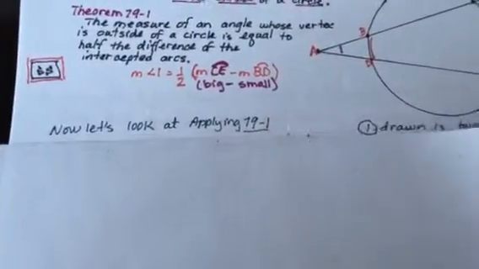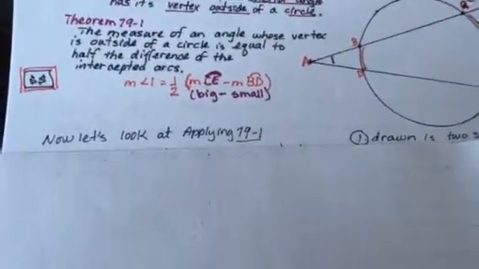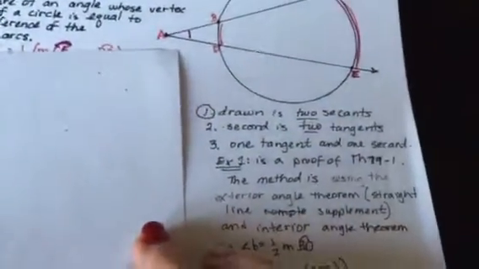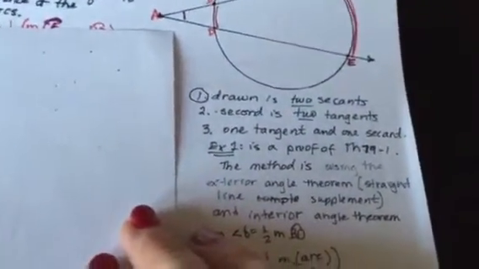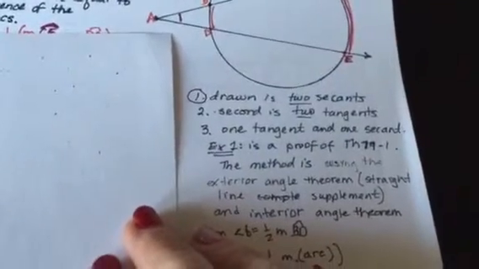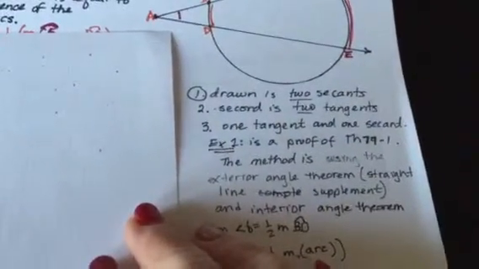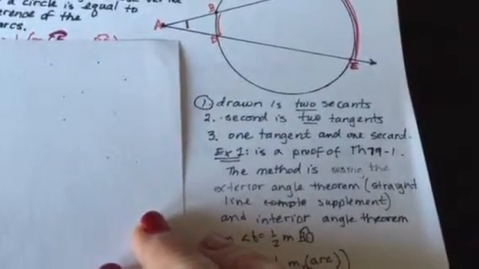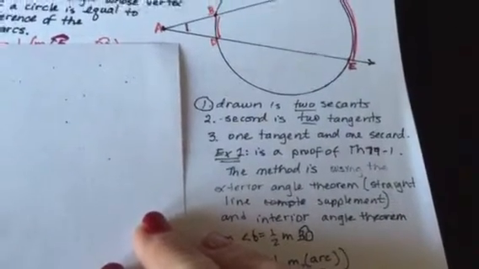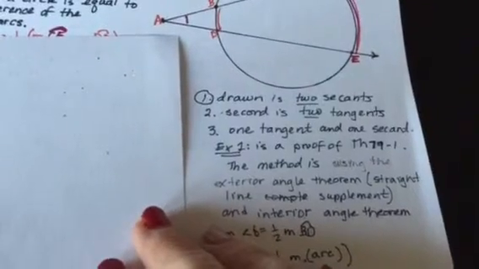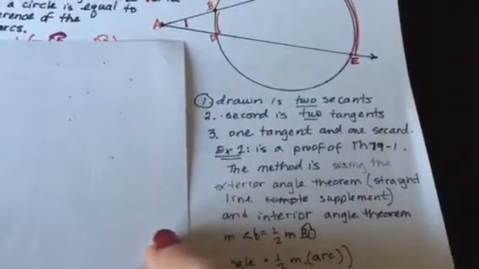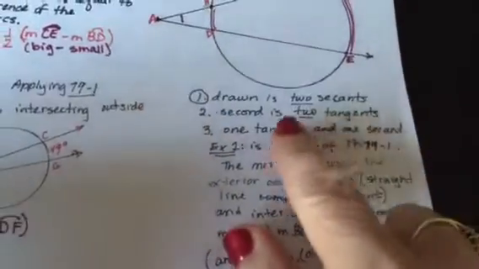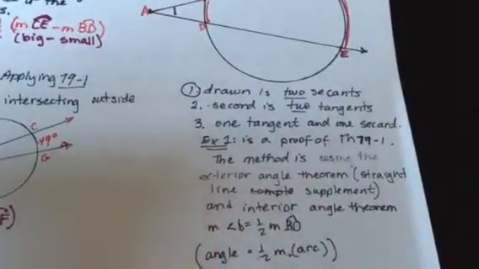Now let's look at applying Theorem 79-1. We can have 2 secants which intersect outside, or we can have 2 tangents which intersect outside the circle, and third we can have 1 tangent and 1 secant. Example 1 in the book is a proof of Theorem 79-1 with 1 tangent and 1 secant.